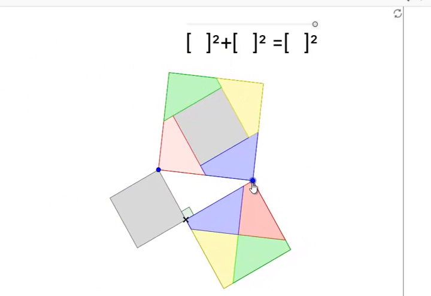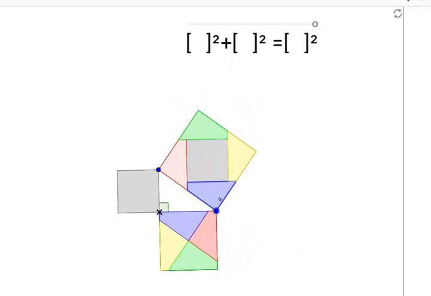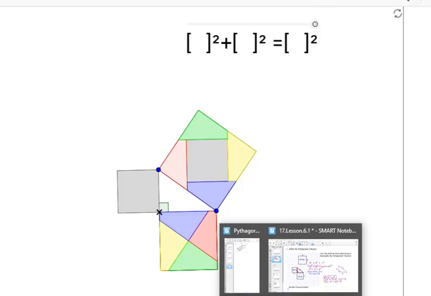Let's start over. I made a different size triangle and I moved it around a little bit. The areas add up to the area of the hypotenuse. So that's the Pythagorean theorem. Now let's just do some examples.